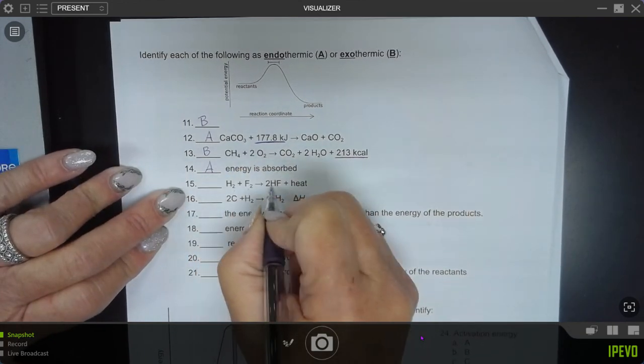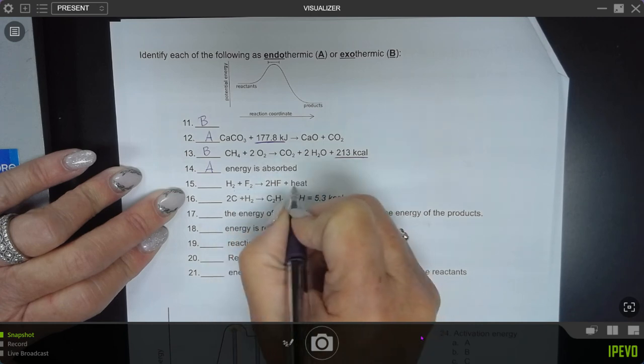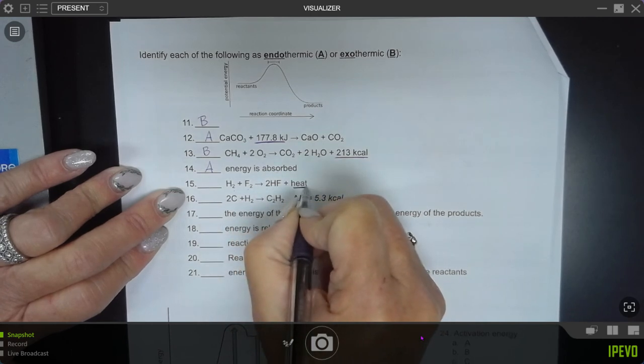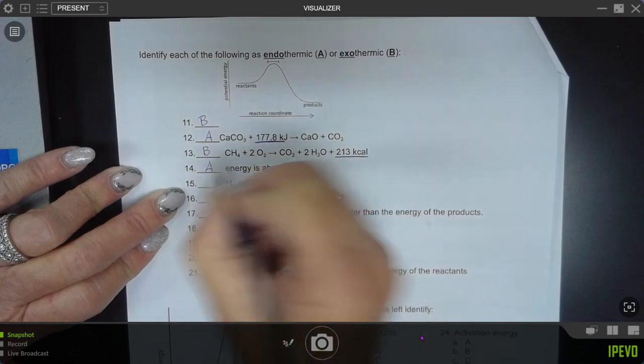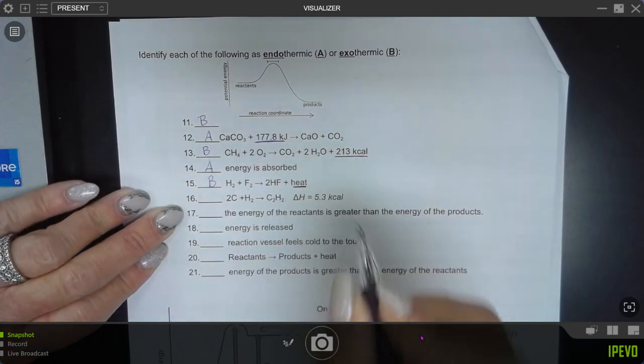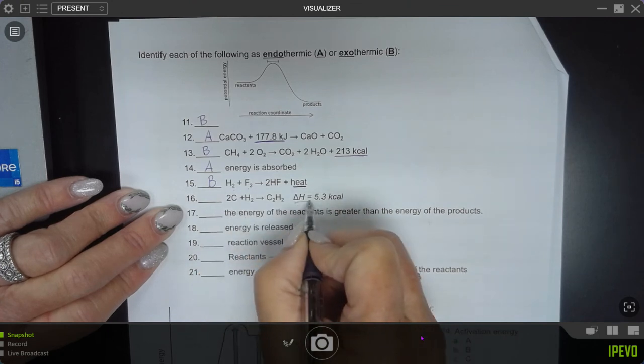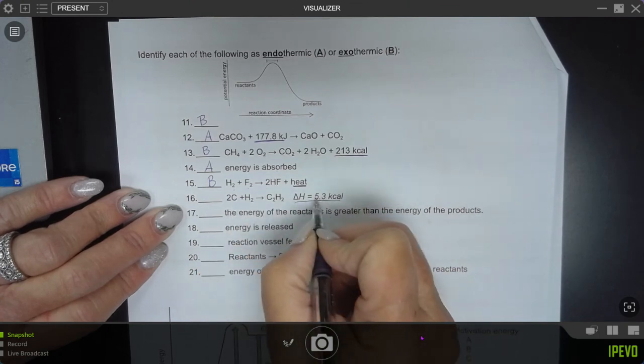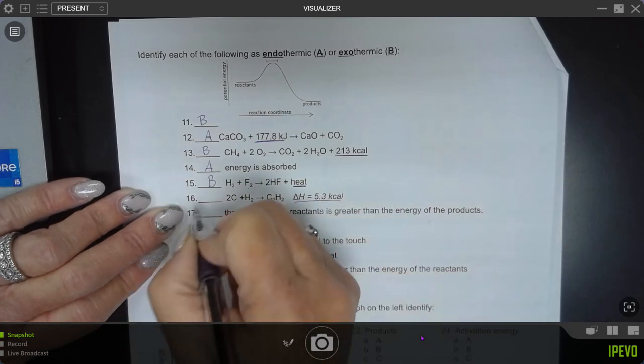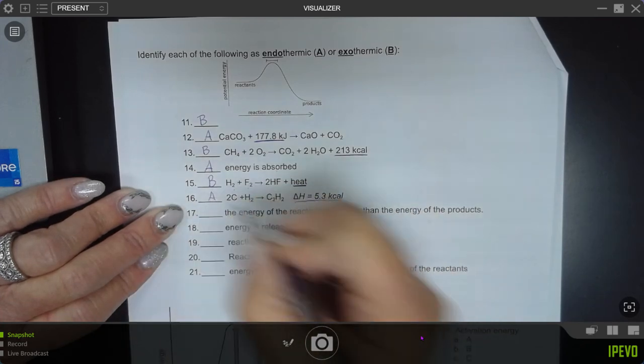So we have H2 plus F2 reacts to give us 2HF and heat. So heat is on the product side, so that's exothermic. Delta H, okay, we've got this equation, and delta H is 5.3 kilocalories. So that's a positive delta H. That means that would be endothermic.